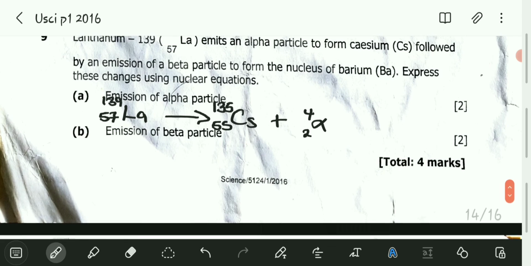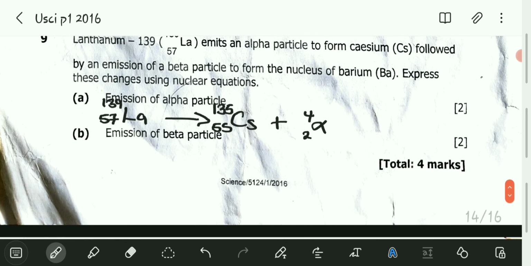Now, just a general understanding of beta decay also. In beta decay, a beta particle is an electron emitted from the nucleus. How can a nucleus emit an electron which is not there?